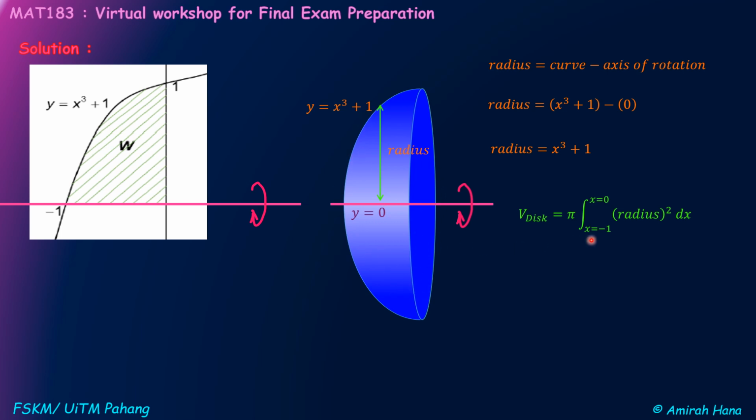And we need to integrate with respect to x because the axis of rotation is a horizontal line or parallel to x-axis. Right? Okay, and then volume by disc equals to pi. We integrate from -1 to 0, and then we substitute radius equals to x cubed plus 1 bracket squared dx. So after we set up the formula, so we get this. Right?